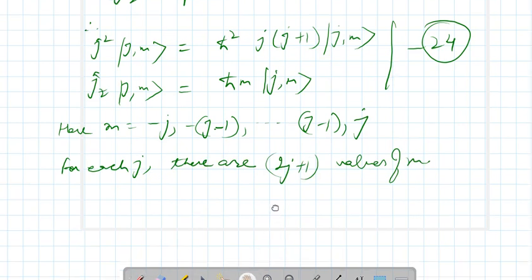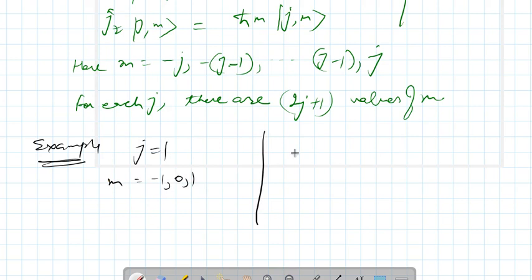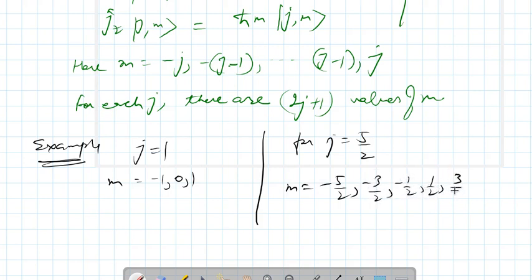So let us understand it by taking an example. For j equal to 1, the possible values of m are minus 1, 0 and 1, and similarly for j equal to 5 by 2, I can write down minus 5 by 2, minus 3 by 2, minus 1 by 2, 1 by 2, 3 by 2 and 5 by 2. So similarly I can write down the values.